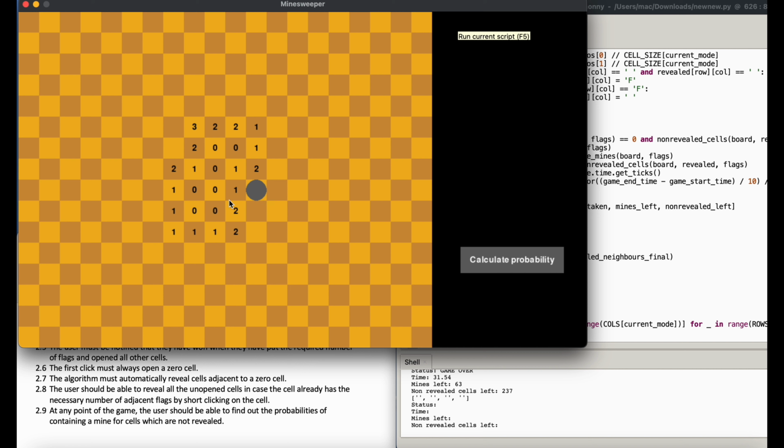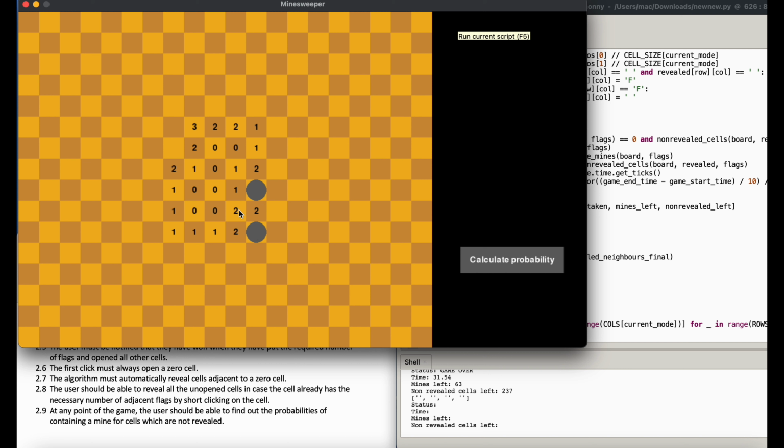And let's look at this cell. It already has one neighbor flag, so we should be able to reveal this cell by tapping on this cell. So let's short click, and this cell got revealed.